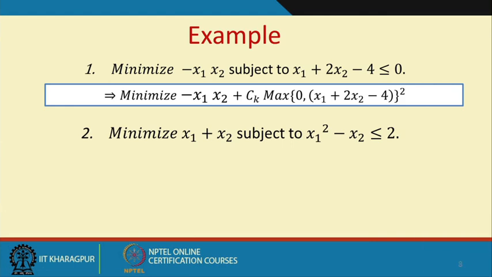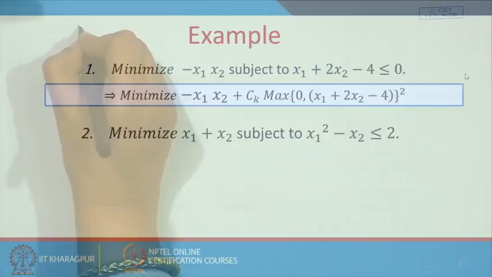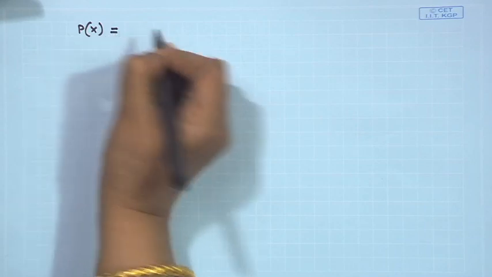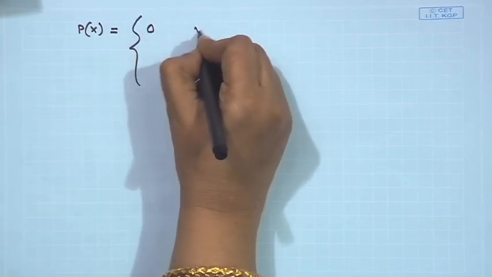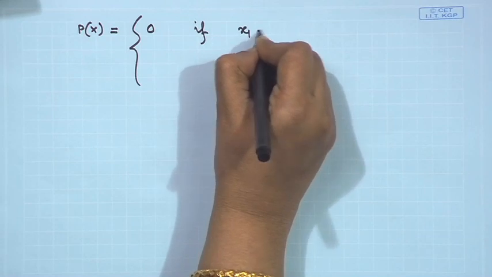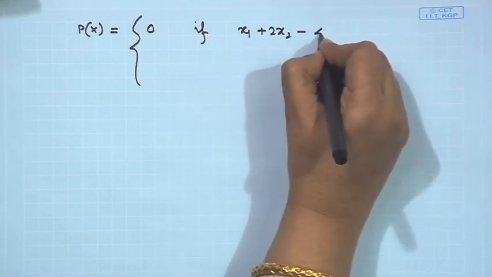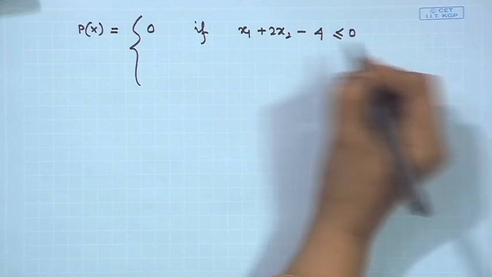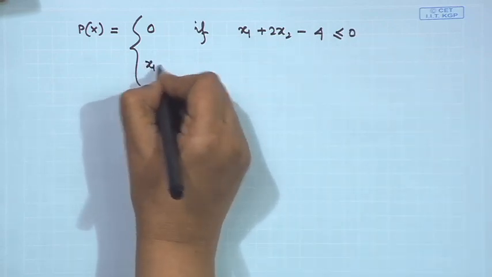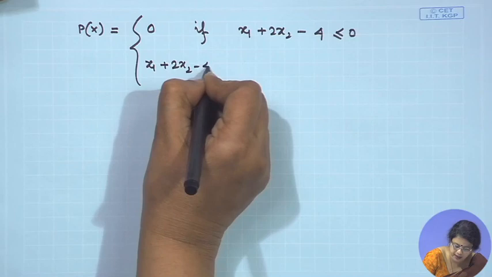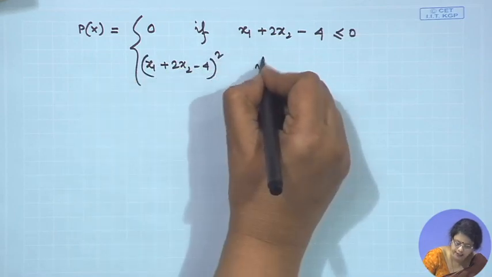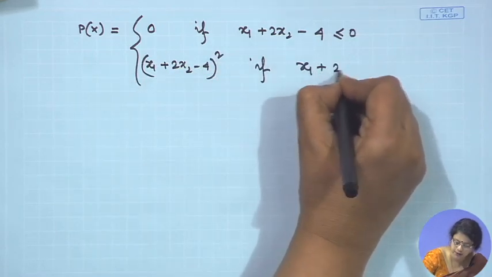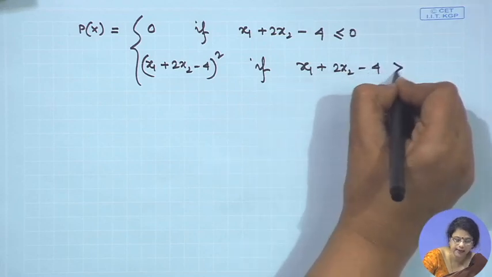The first problem, as you see, is an unconstrained optimization problem. That is why let me find out the value of P(x). P(x) I can say is 0 if x1 + 2x2 - 4 is less than or equal to 0. Otherwise, the value is (x1 + 2x2 - 4) whole square if x1 + 2x2 - 4 is greater than 0.